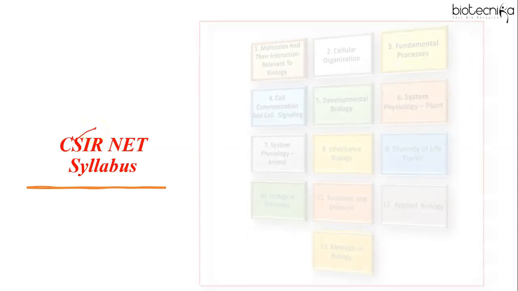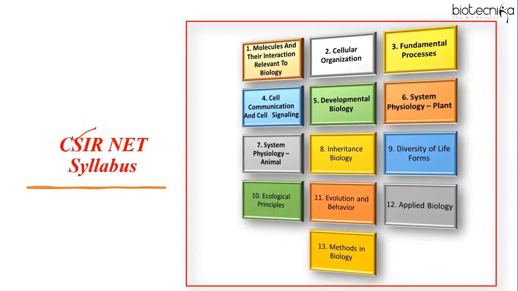Start your exam preparation by going through the CSIR NET Life Science syllabus. Now, the most challenging aspect of the exam is its extensive syllabus, which spans 13 units, covering a wide array of topics.